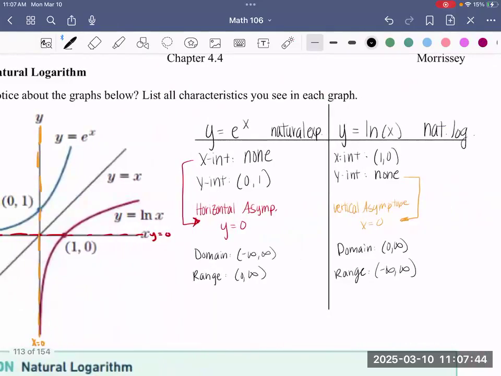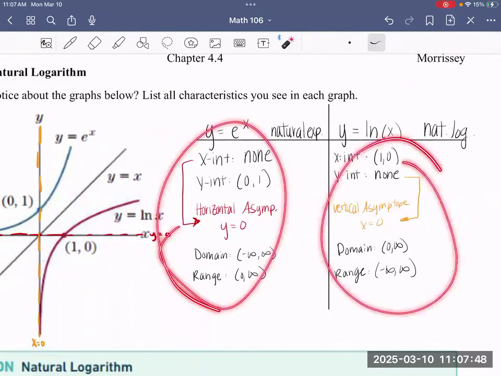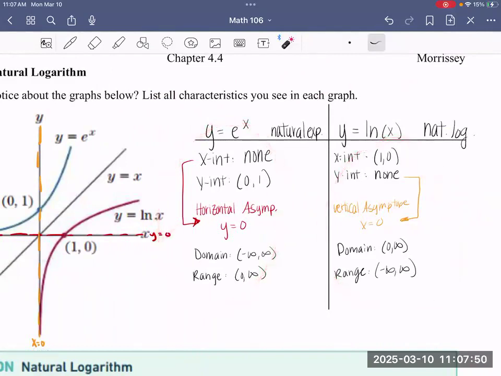So what do you notice about these special features? They should show you this kind of opposite effect. You don't have an x-intercept for your exponential, but you don't have a y-intercept for your natural log. And these are kind of reversed.